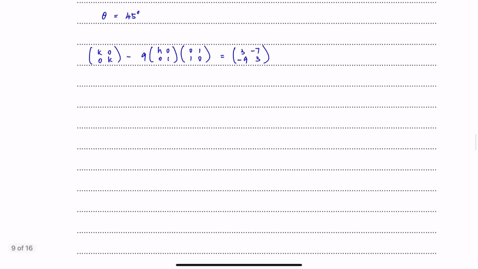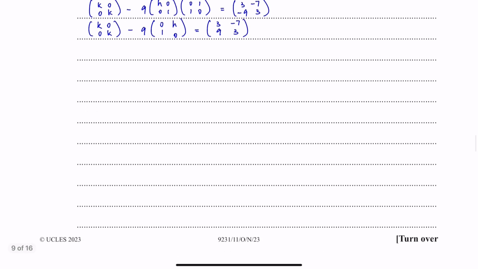So now we just need to do it step by step. We're going to multiply these two together first. So we get 0, h, 1, 0. And we can see that to find k, we can just use this and this.